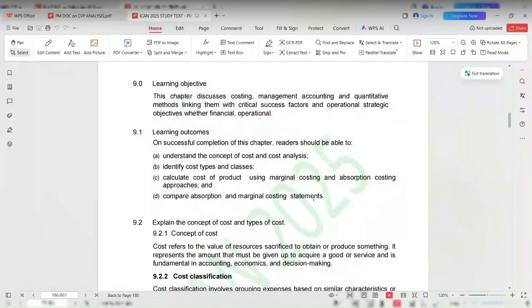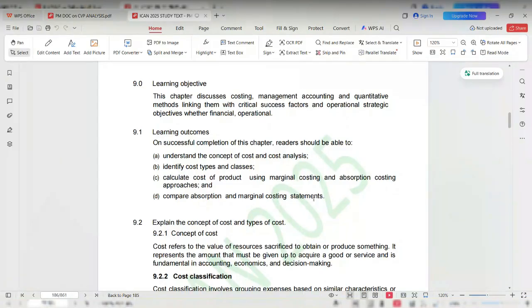For some of us coming from an accounting background, we should have done all these things during our undergraduate days. For those of us still in school, at least we will still have knowledge of this. So these are the objectives, what we want to achieve after we are done with this chapter.